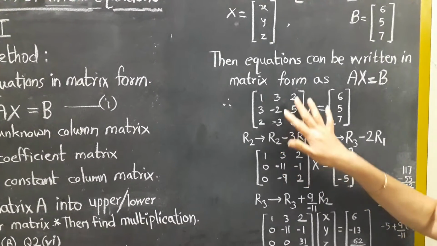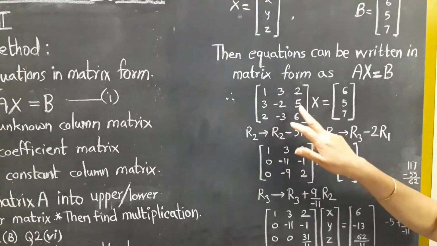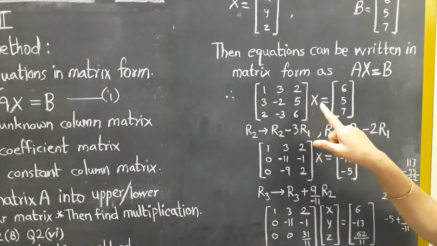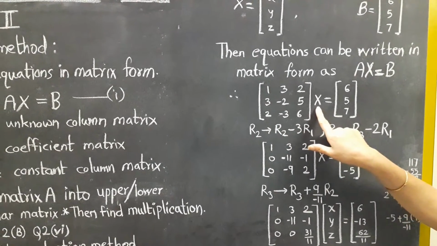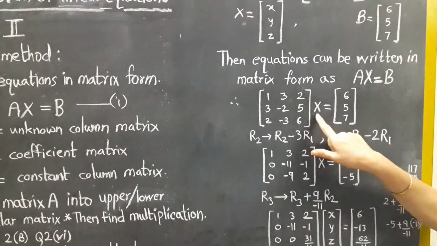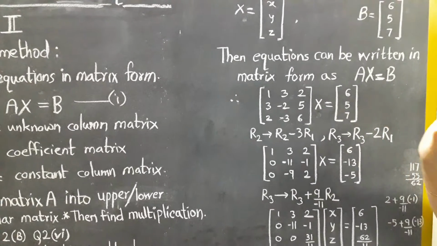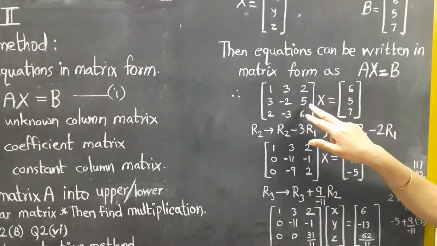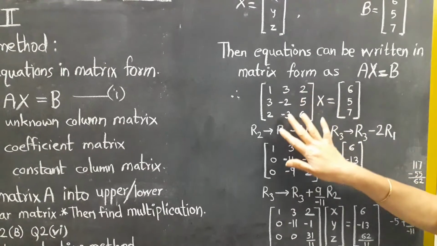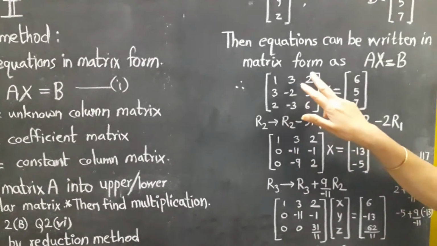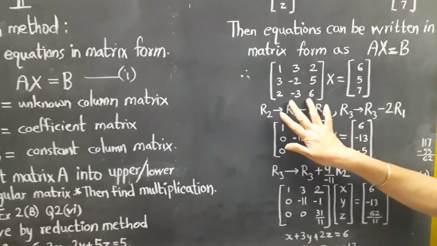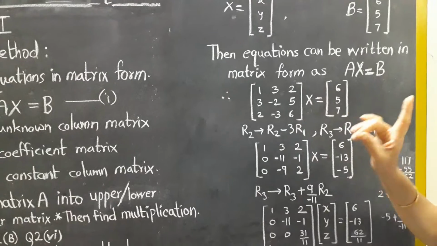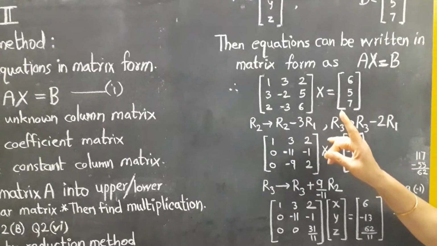Since this matrix is a prefactor, the first factor, and X is unknown here, we have seen that row transformations are applied only on prefactors. Here it is a prefactor which is known to you, so in the reduction method we will apply row transformations.